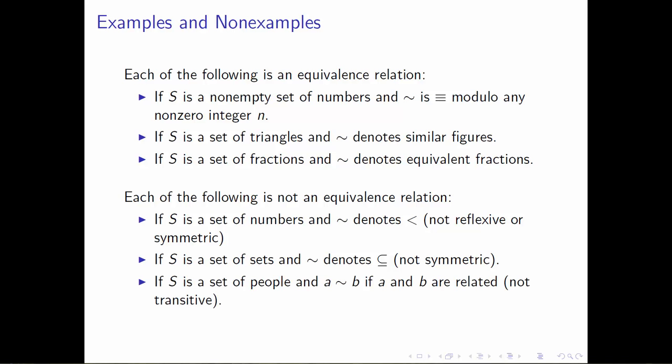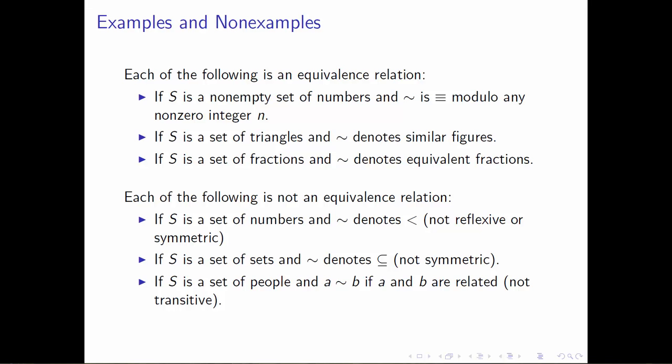And just as a less mathematical example, let's suppose that S is a set of people, and we want to define a relation on these people, and the relation is, are these two people related, as in do they share DNA, even if only as distant cousins. Let's say that A is related to B if the two people are related. Well, this will be reflexive and symmetric, but not necessarily transitive.